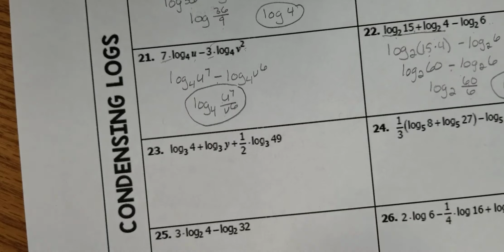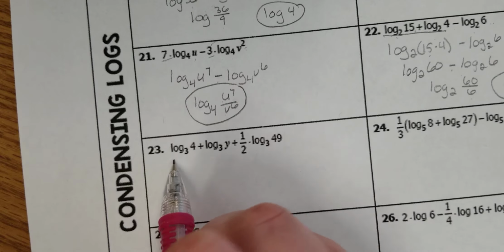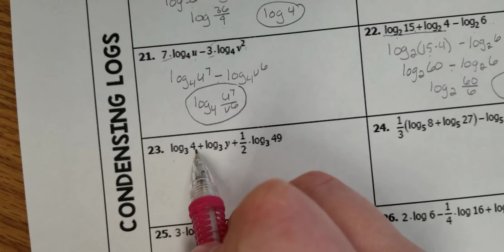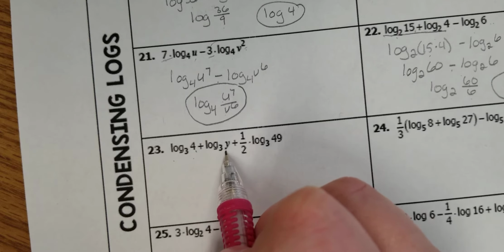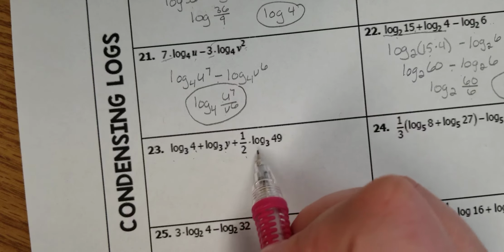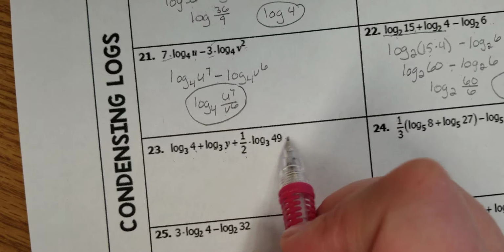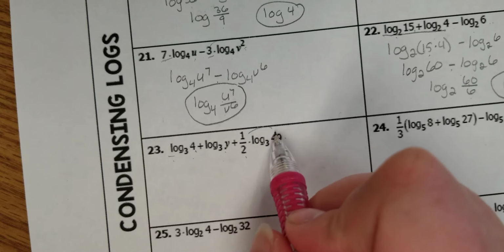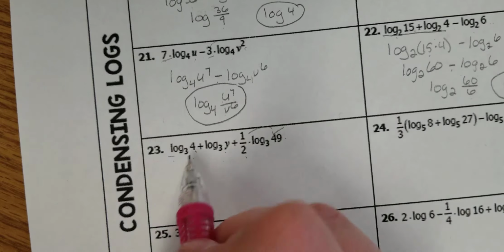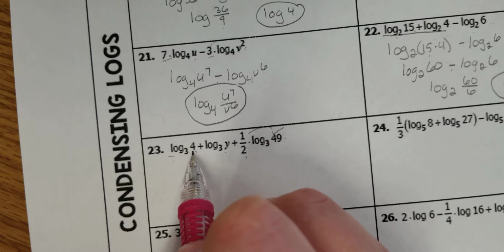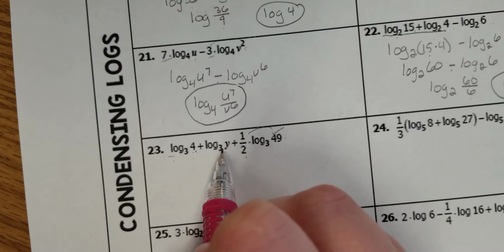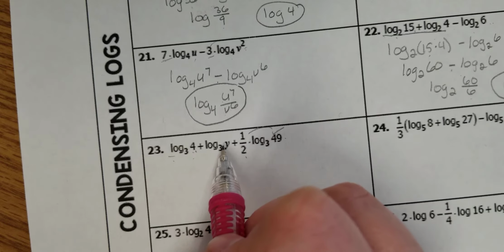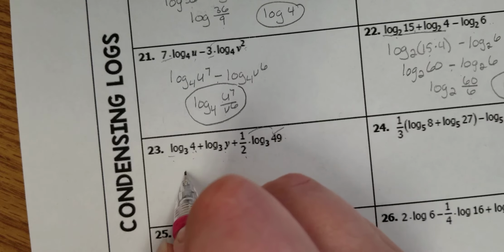So our next two, we have log base 3 of 4 plus log base 3 of y plus 1/2 log base 3 of 49. So let's just start left to right and deal with our exponent at the same time. So we have log base 3 of 4 plus log base 3 of y. So you multiply 4 times y.